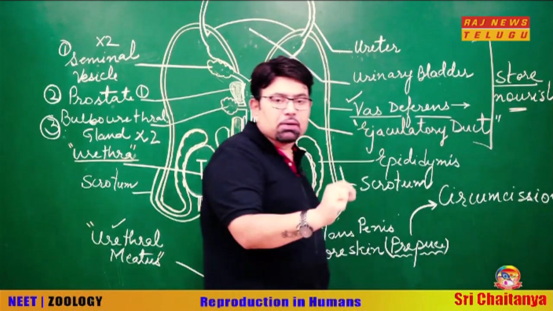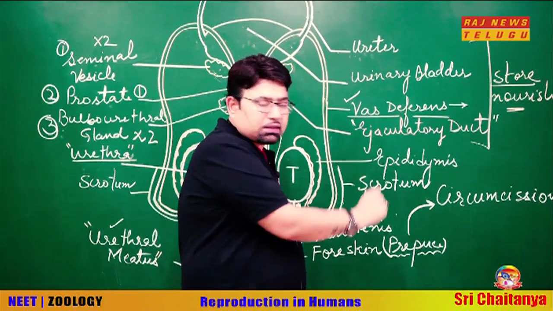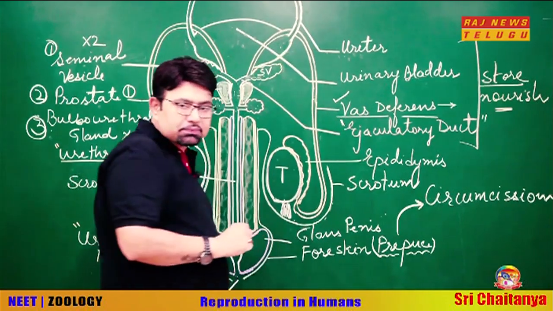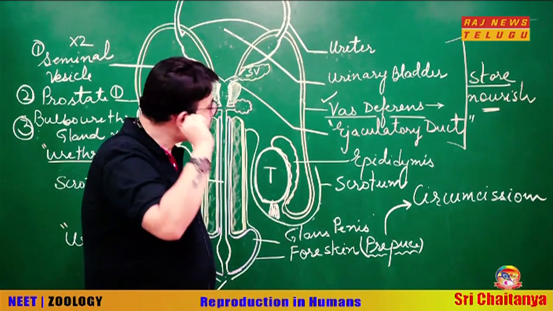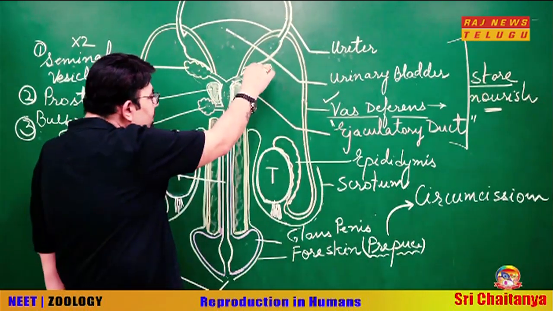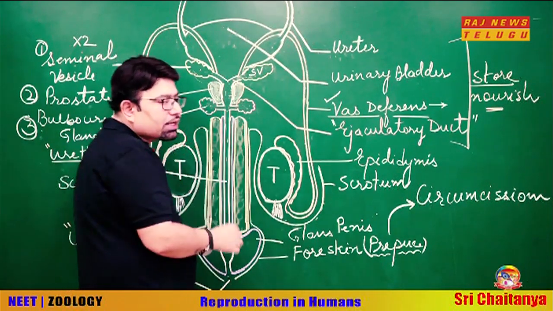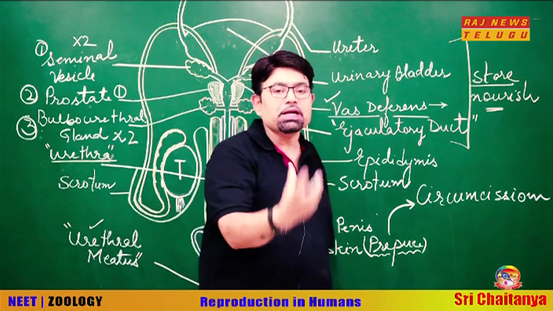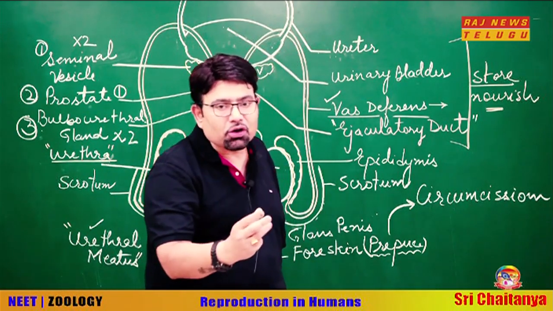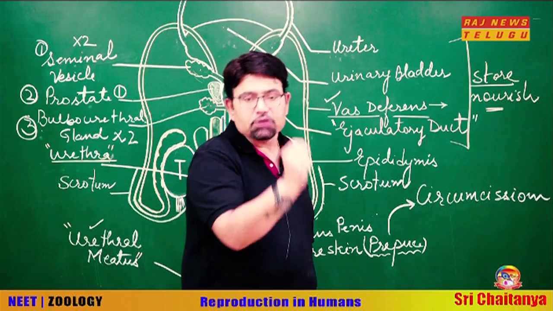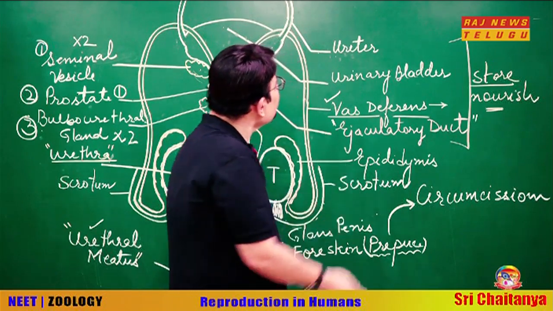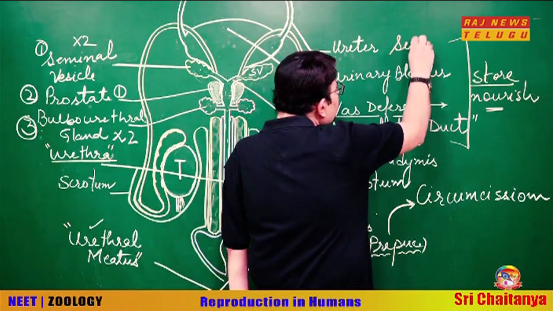The sperms become motile in these ducts. The secretion of seminal vesicle, prostate and bulbourethral gland forms a fluid medium for sperm, which is called semen.